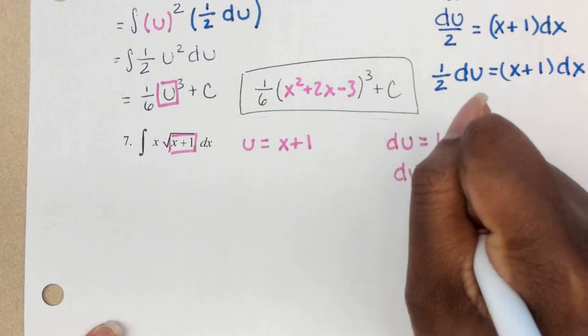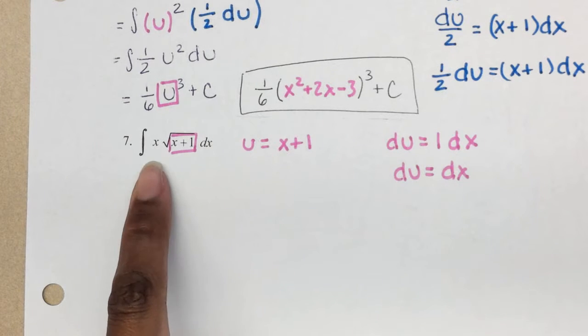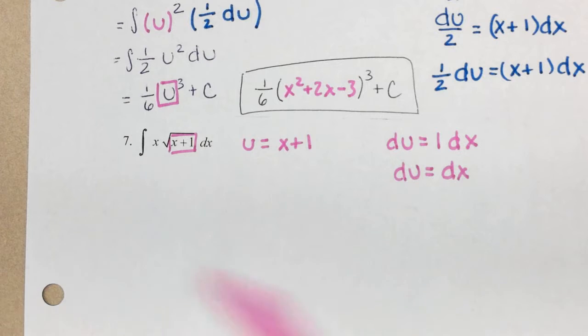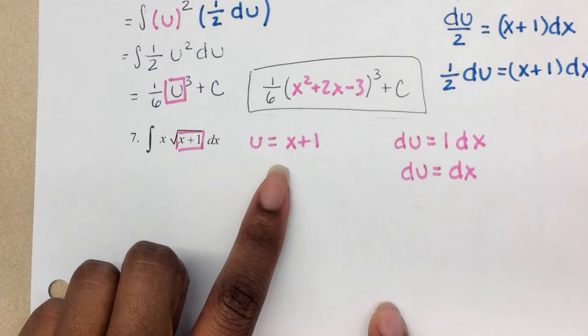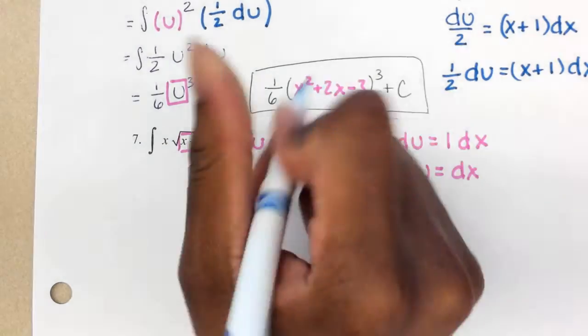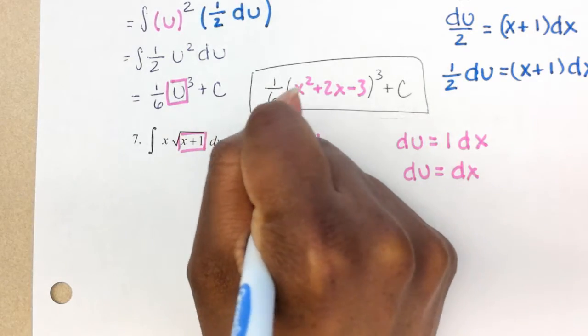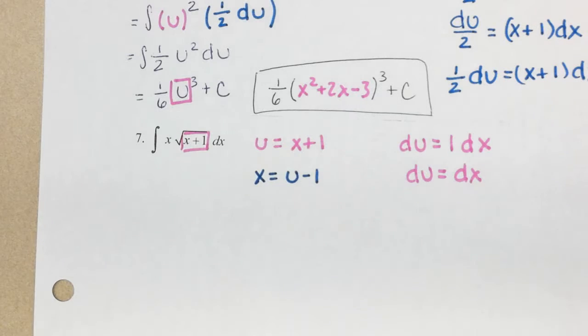So du is equal to dx. That did not help me to get rid of this x up front, because that still needs to go. However, I can rewrite x in terms of u. So if u equals x plus 1, then x is equal to u minus 1. So not only am I going to substitute u for x plus 1, I'm going to substitute u minus 1 for x.